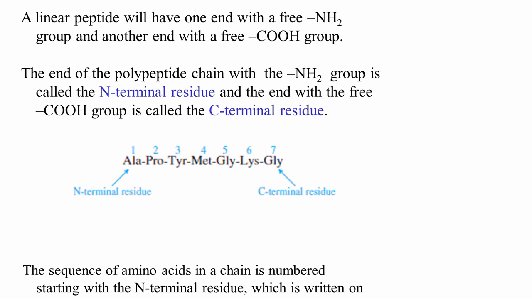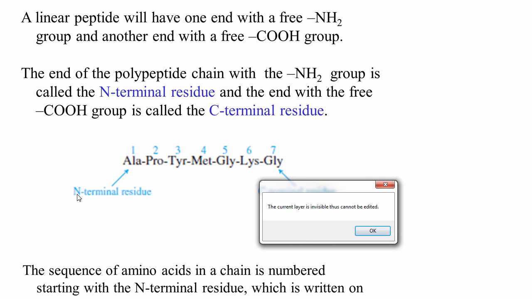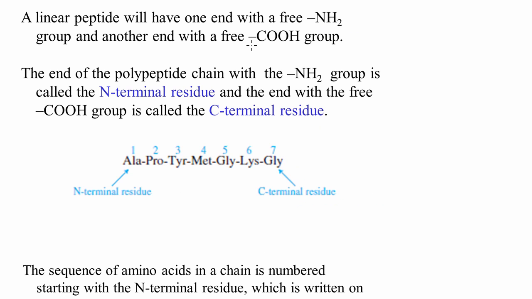When we have a peptide, we'll have a linear peptide. One end is going to have a free amino group, and the other end will have a free carboxyl group. We call the end of the polypeptide chain with the amino group the N-terminal residue, and the end with the free carboxyl group is called the C-terminal residue.